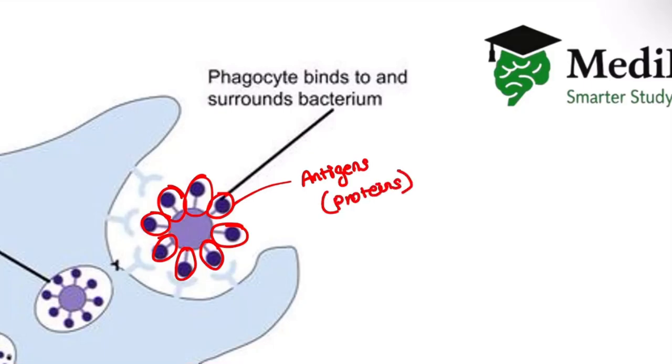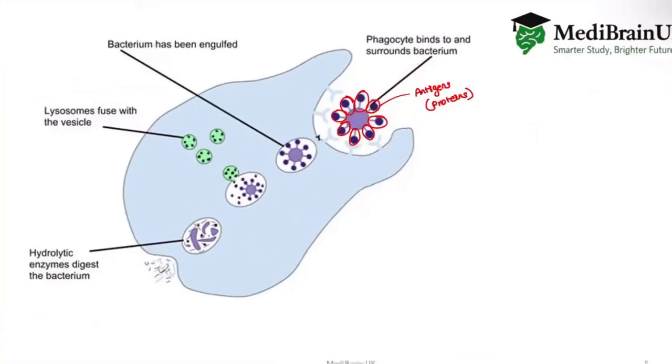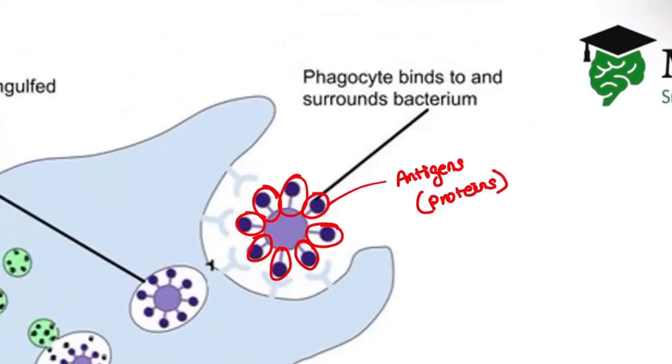What's going to happen is that this big phagocyte has been attracted to the bacterium which has just entered the body, because of the antigens and the chemicals that it's releasing, and it's moved towards the bacterium. Remember, phagocytes have lots of receptors.